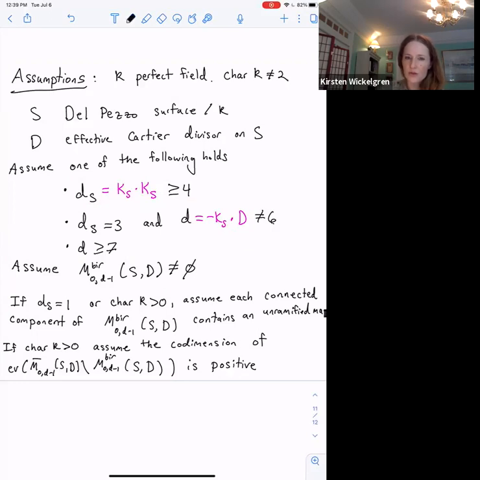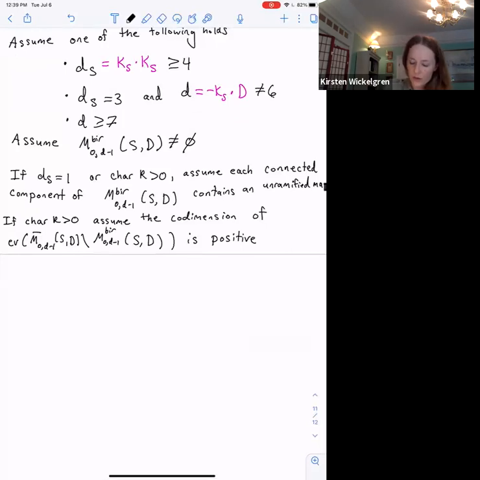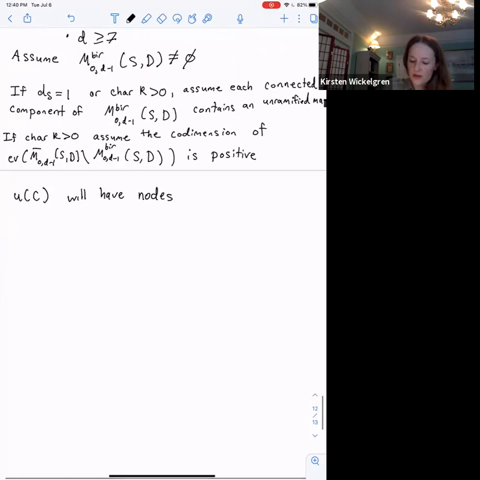So what's our count going to determine? So again, U of C will have nodes, and these nodes carry a generalized mass.